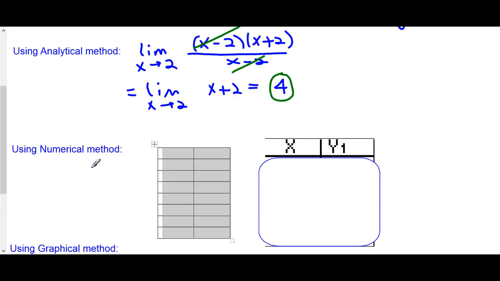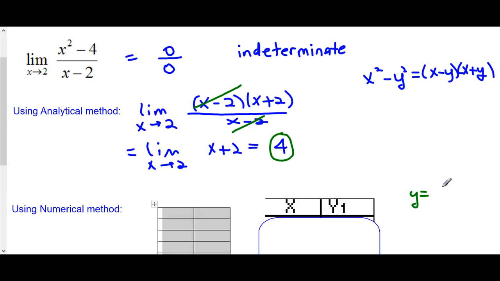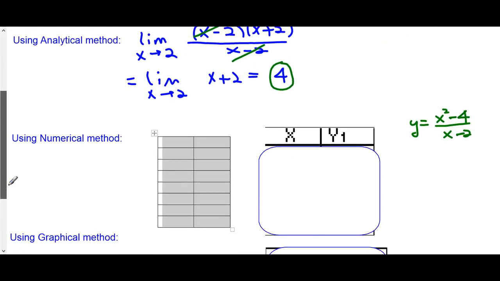For the numerical approach, if you have a TI calculator, press your y equals button on the upper left, and for y sub 1, enter the original expression, which is x squared minus 4 all over x minus 2. And then to get a table, basically what we want to do with the numerical method, since we're going to approach 2, ideally we want to approach 2 from the left and the right.